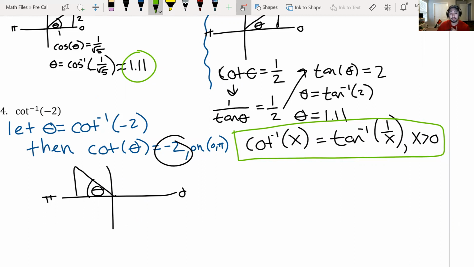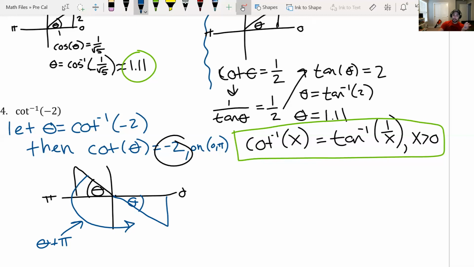So if I took this theta and added pi to it, guess what? It puts me in quadrant 4. This means my new triangle is in quadrant 4. And all I had to do was say theta plus pi. Which means that we have our new formula.